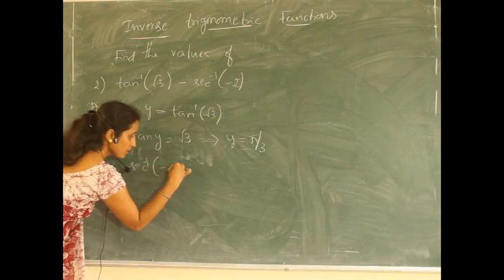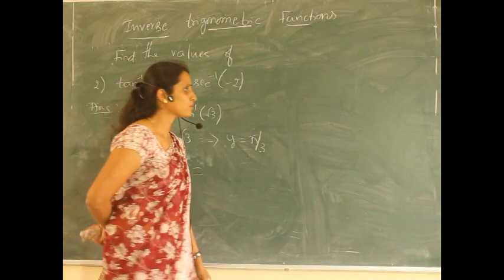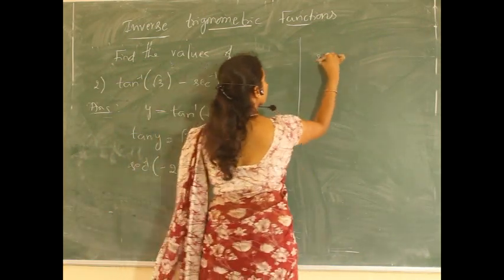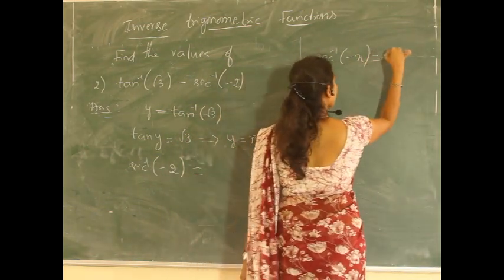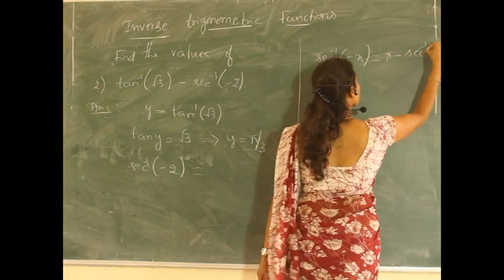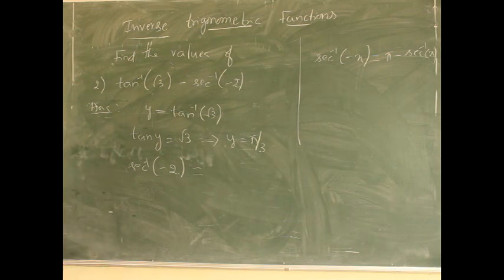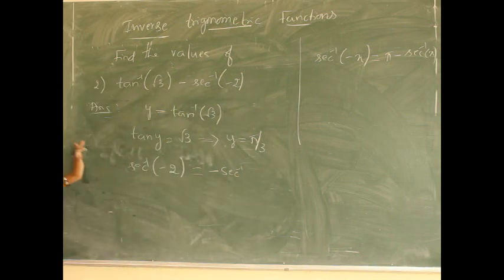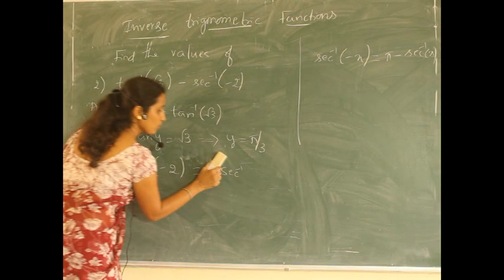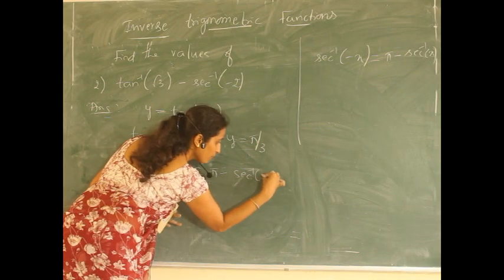We know that secant inverse of minus x is equal to pi minus secant inverse of x. So secant inverse of minus 2 is pi minus secant inverse of 2.